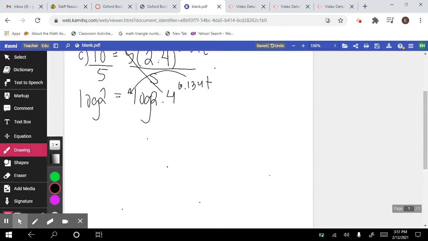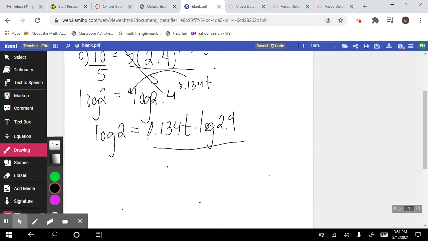So let's see what we got. Log of 2 on the left, 0.134t times log 2.4 on the right.